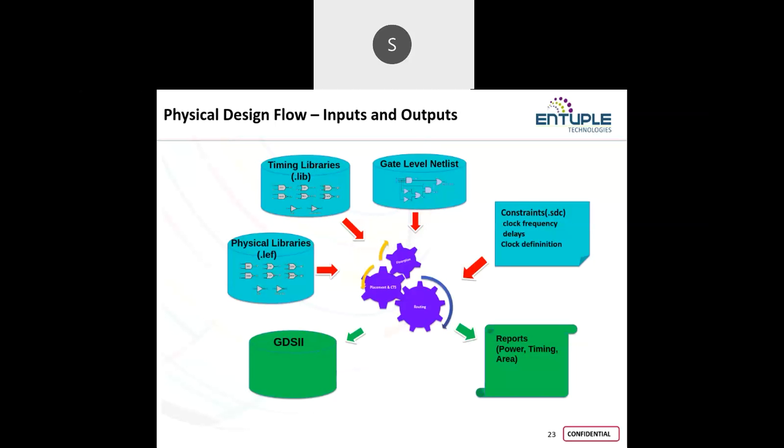From the placement onwards, you will be checking the power report, timing report, and area reports with respect to the placement stage, clock tree synthesis stage, and the routing stage. For each and every stage, you can see power, performance, and area. With respect to these three targets, you can see the reports. And along with this, if any congestion reports are there, that also you can see.